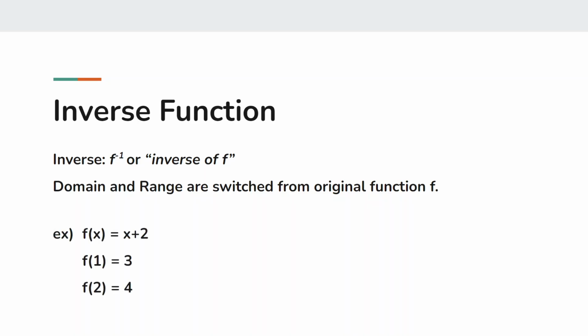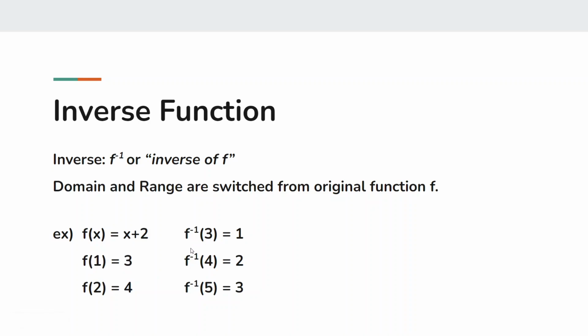Let's say we have the function f of x is equal to x plus 2, then f of 1 will be 3 and f of 2 will be 4. To find the inverse of the function, we have to switch the domain and range. So 3 here should become the domain and 1 here should become the range.